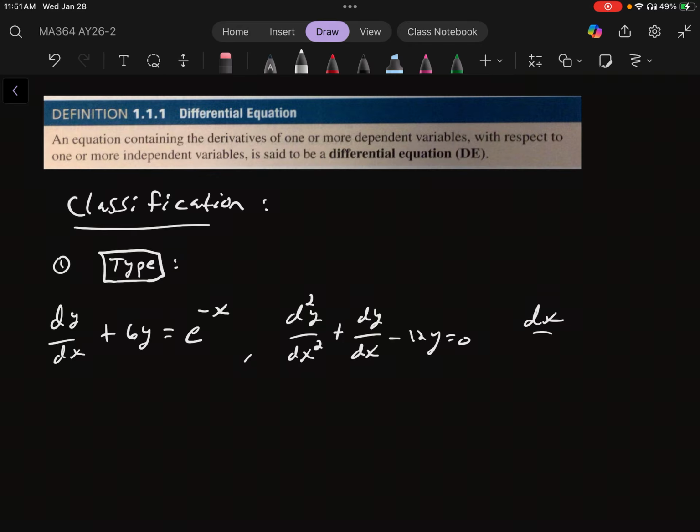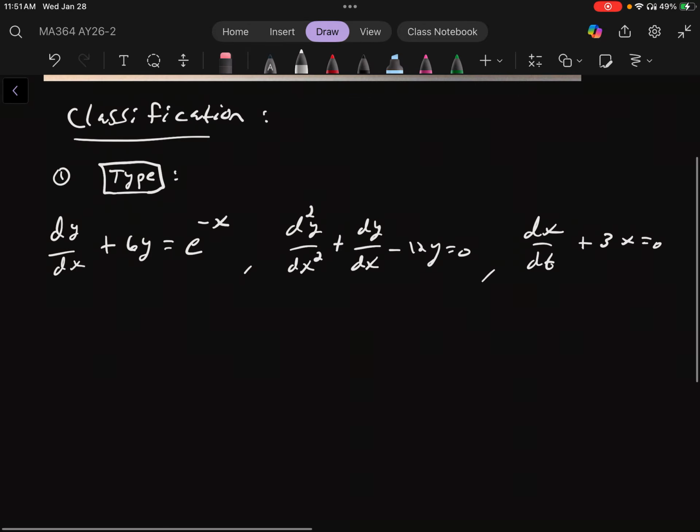Let's do dx/dt plus 3x equal to 0. So 3 different kinds of what we would call an ordinary differential equation, or ODE for short. So these are all examples of ODEs.